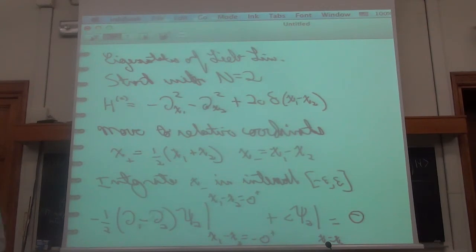Now this is the completely generic equation for a wave function whose symmetry properties are not specified. We are dealing with a bosonic wave function, and therefore this function has to be symmetric in its two coordinates. Therefore you can slightly rewrite this.